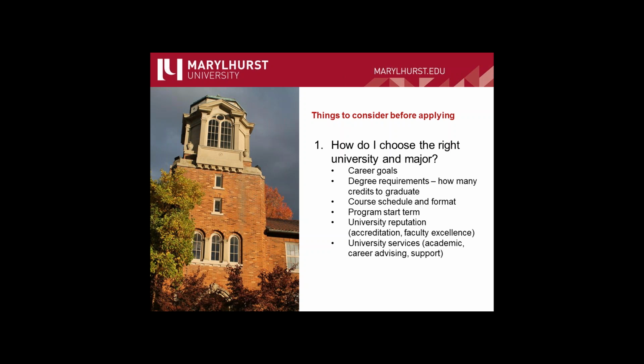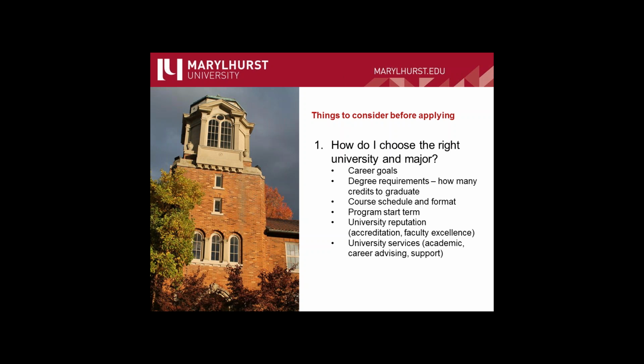And then university services. A lot of students look at what am I going to learn, how are my classes scheduled, the nuts and bolts of being a student. But a big part of that is the support system that goes into being a student. Look at whether or not the university has academic advising. Almost 100% should have academic advising. And then also career services, especially if you're a transfer student and you're looking at your career options.